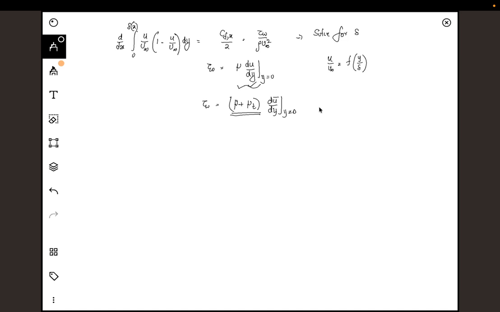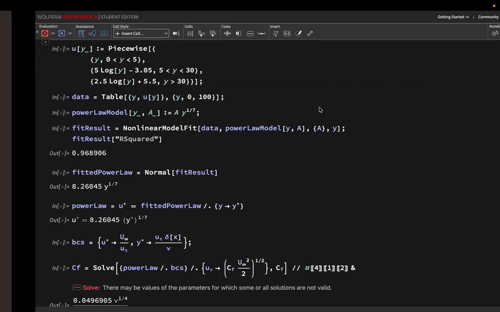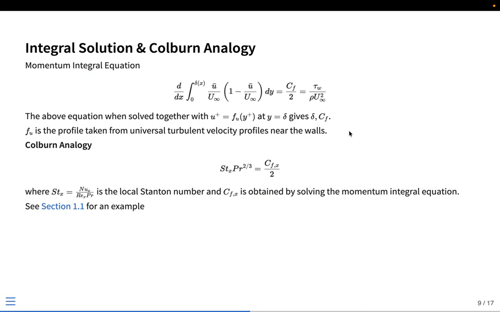Now you can argue that the value of mu t is zero near the wall, from where we use the universal wall profile, but that would actually be an underestimation of this because of u bar. So what we do instead is we use this equation, u plus as a function of y plus, and at y equals delta we have the value of cf.